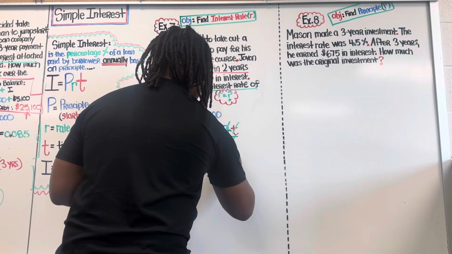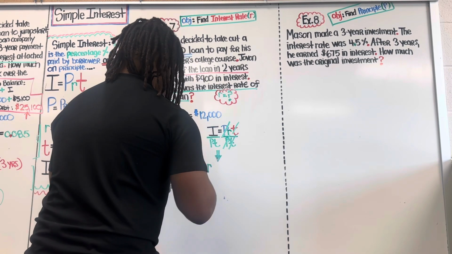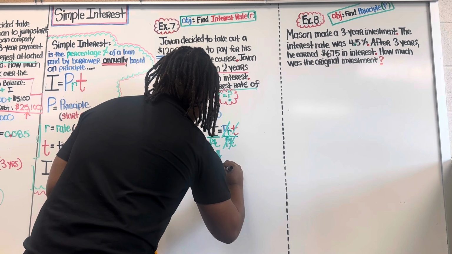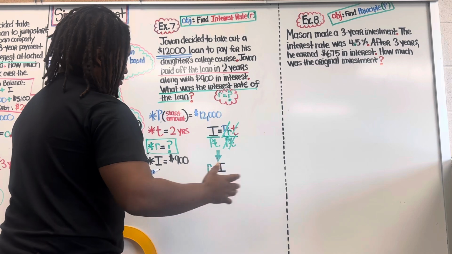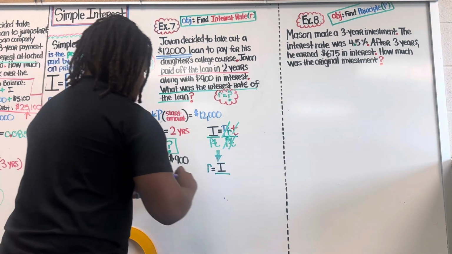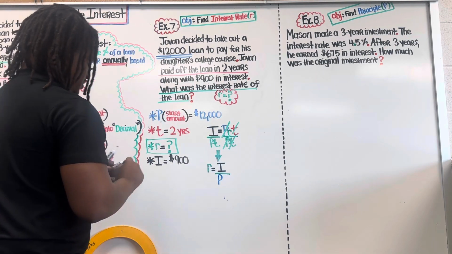So now, guys, I can rewrite it as this now. R equals the interest earned, or the equity earned, or gained rather, divided by the principal, which is the start amount, times T, which is the number of years.